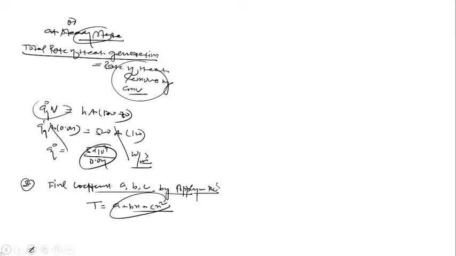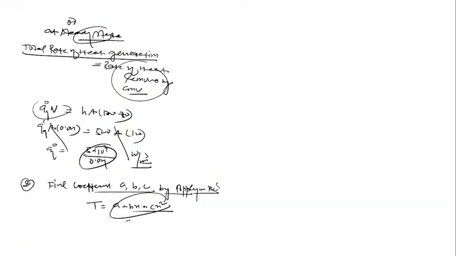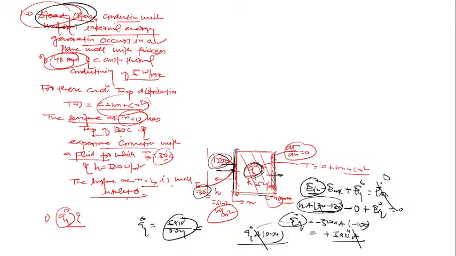The first, at x equal to 0, temperature is given as 130. One piece of information is given. What is the second boundary condition? One is the specified temperature boundary condition, meaning at this surface the temperature is specified.